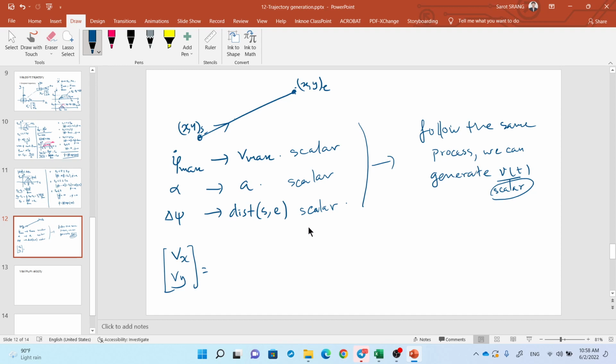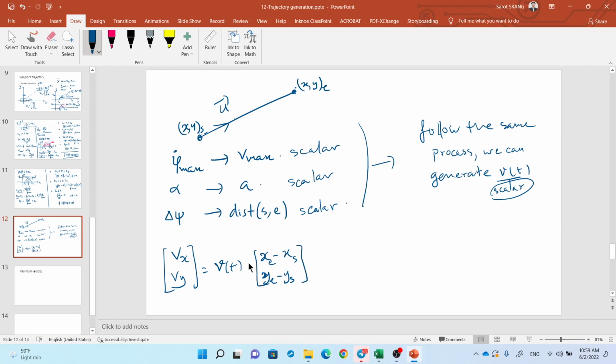So in this direction, that means you have this v of t times the unit vector in here, and this unit vector is actually the vector h end minus h start, and here y end minus y start.